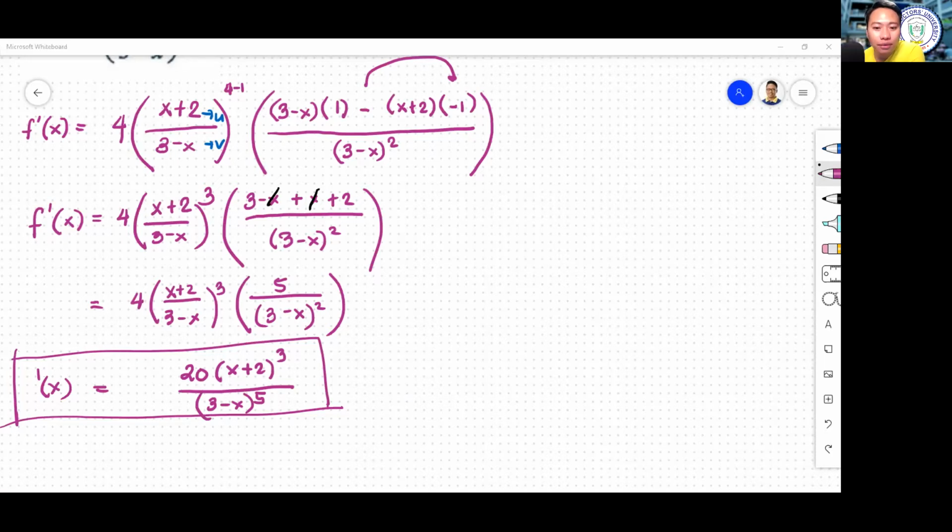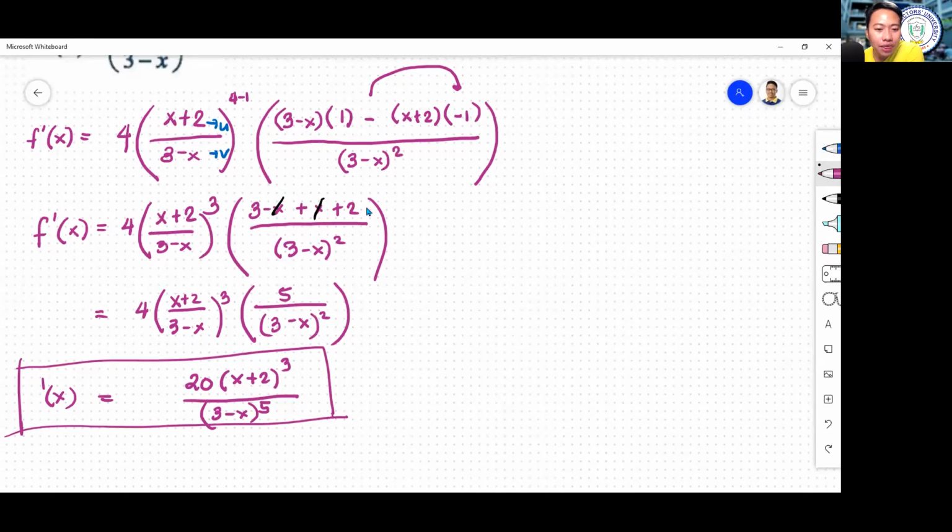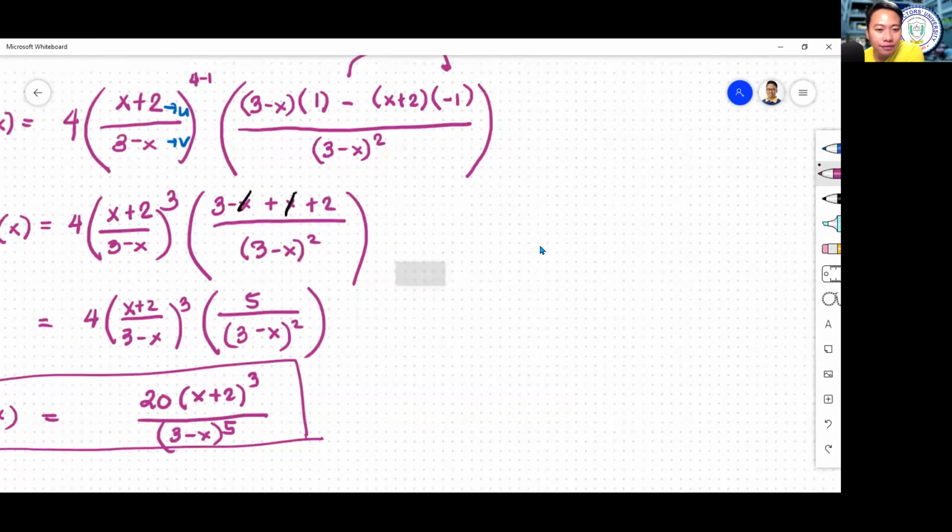So, let's check the book if we have the same answer. Oh, 16? The book has 16? 3 plus 2, yeah, it's 5.